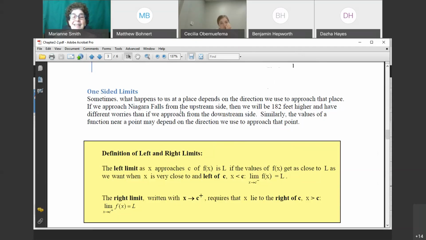If you come at Niagara Falls, which is a large waterfall in upstate New York, between the New York and Canadian border, and you approach it from the upstream side, then you're 182 feet higher, okay? And you have different worries than if you're approaching it from the downstream side.